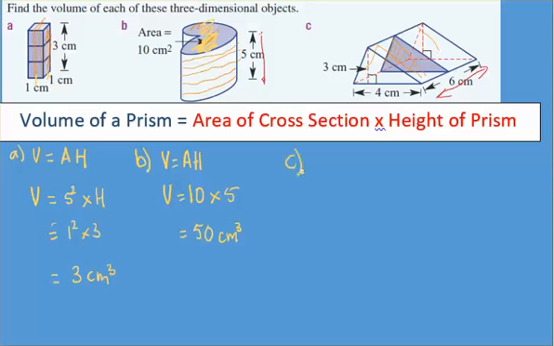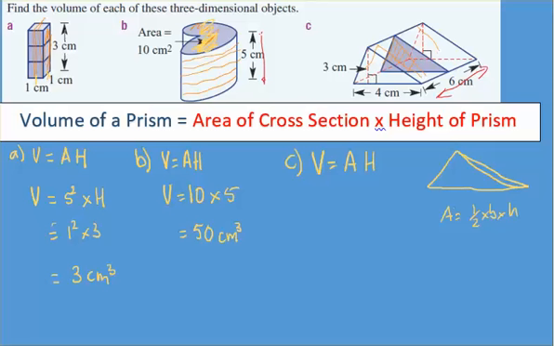This is a triangular prism, and once again volume equals area of the cross section times the height. The area of this cross section, it's a triangle, okay? So we've got to remember, that is a terrible triangle. Okay, there's our triangle. We've got to remember that the area of a triangle equals 1/2 times the base times the height. The height on this triangle is given to us here.